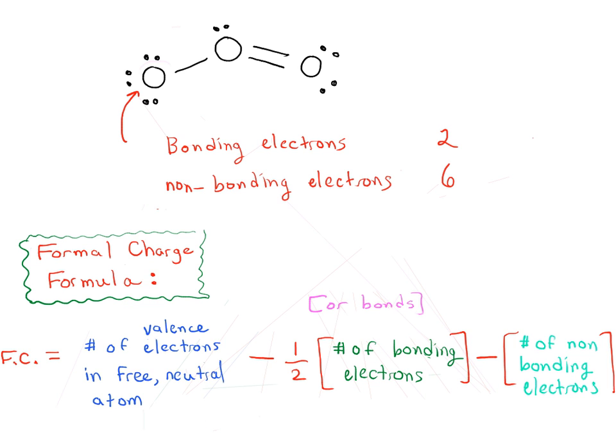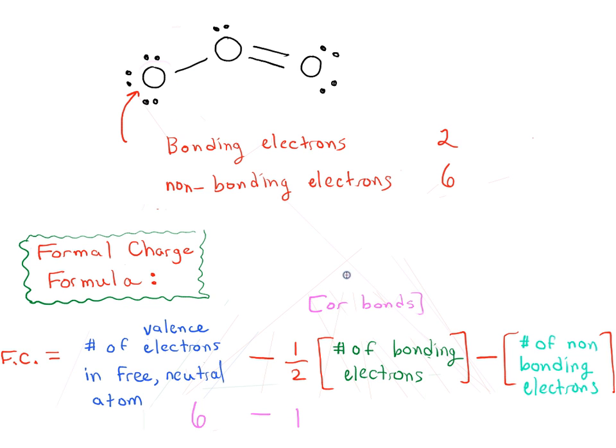Let's then apply this to our formula for formal charge. We have to know the number of valence electrons in a free neutral atom, in this case of oxygen. There are 6 valence electrons in a free neutral atom of oxygen. So 6 minus 1/2 times the number of bonding electrons, so that's 1/2 times 2, which is 1.